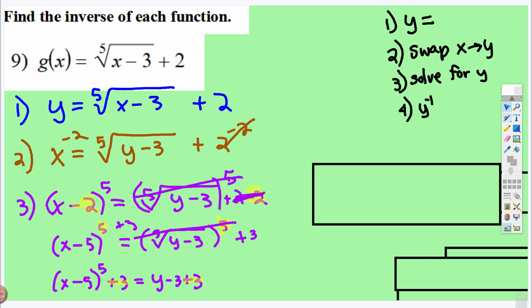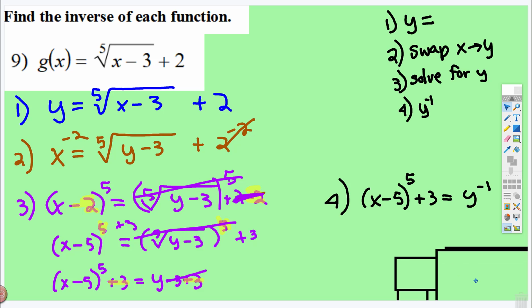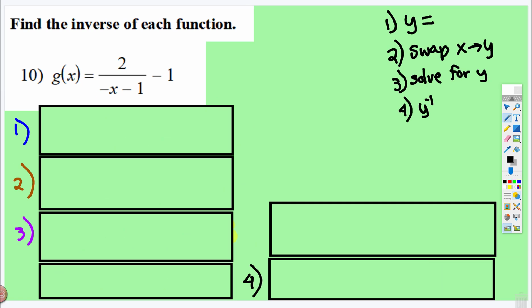We added 3, so the 3's cancel. And then what you're left with is the expression x minus 5 to the fifth power plus 3 is equal to the inverse of y, which is also the inverse of g of x. All right, let's keep going.